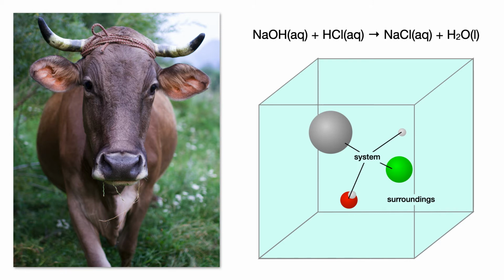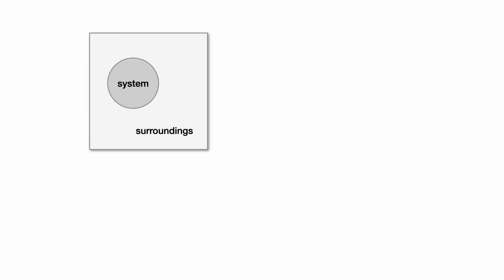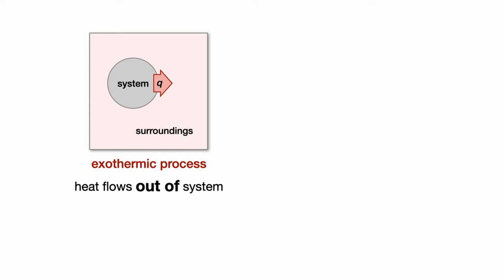Now, when we're looking at thermochemical studies, we're looking at an exchange of heat between the system and the surroundings, and there are two fundamental ways that can happen. You can have heat flowing out of the system into the surroundings, and such a process is called an exothermic process, because heat is flowing out of the system into the surroundings.